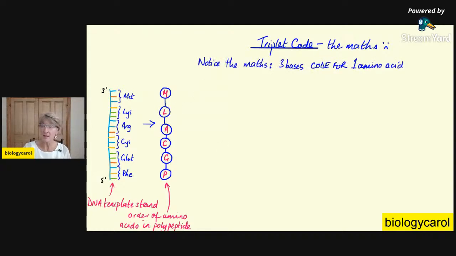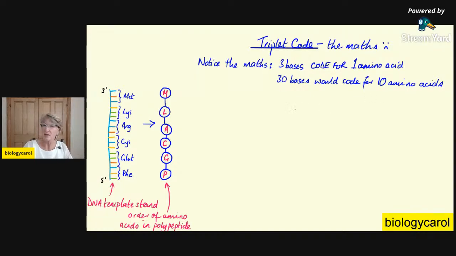It's simple, but it can be confusing. 3 bases code for 1 amino acid. Notice the terminology here. You cannot say that 3 bases make or produce an amino acid because they don't. They code for an amino acid. But that means that therefore 30 bases would code for 10 amino acids.